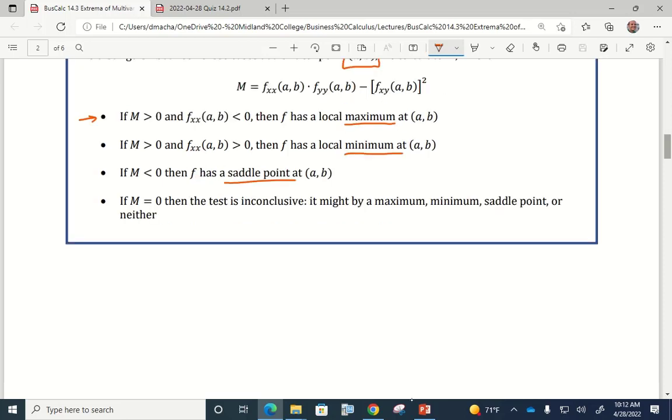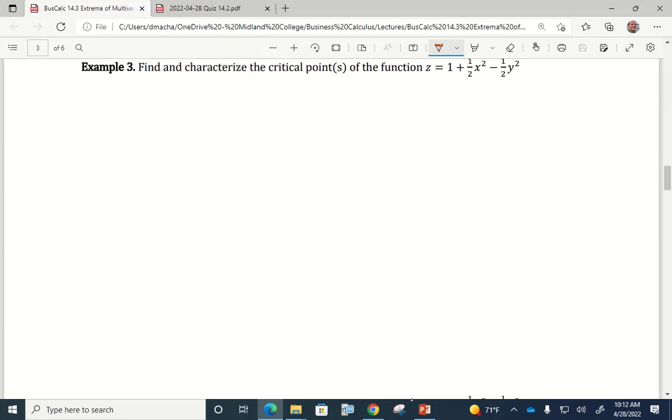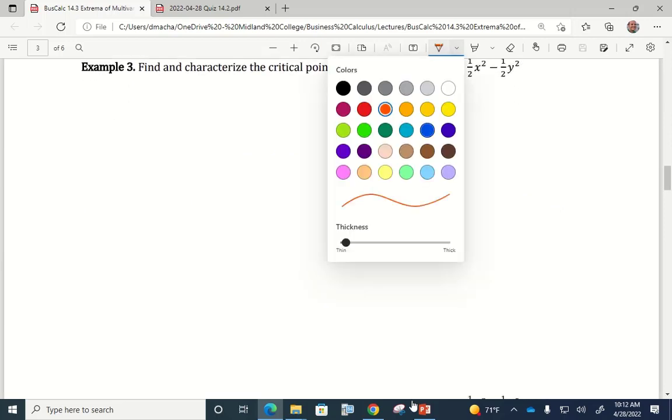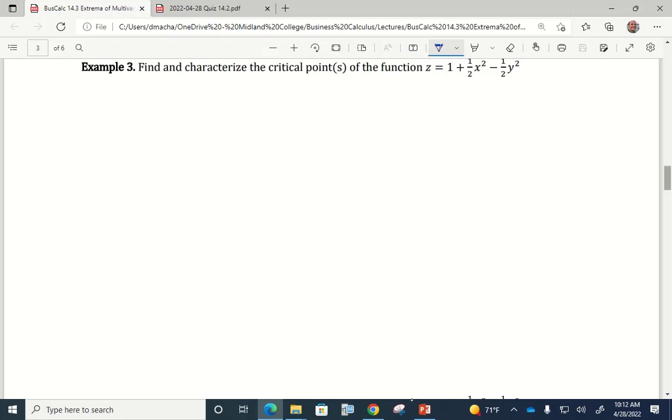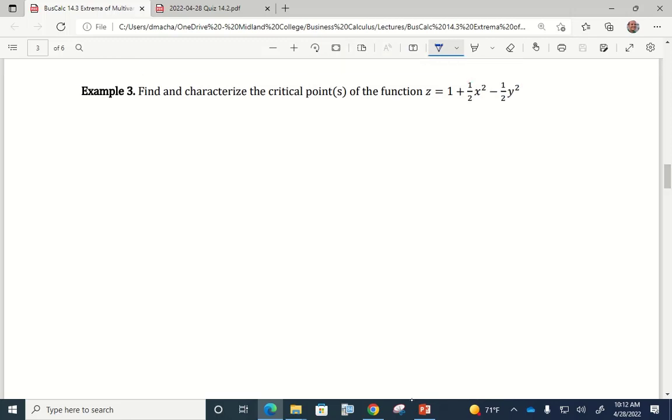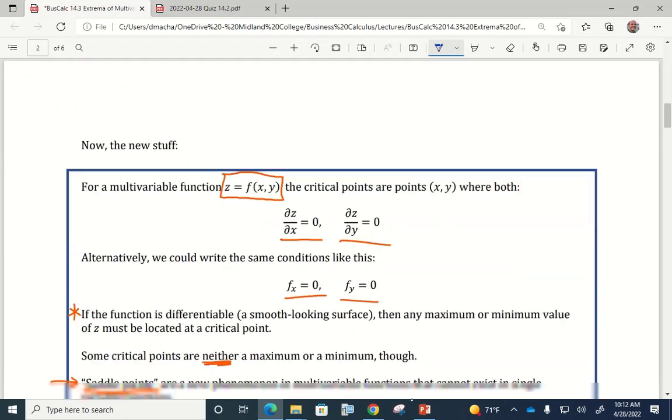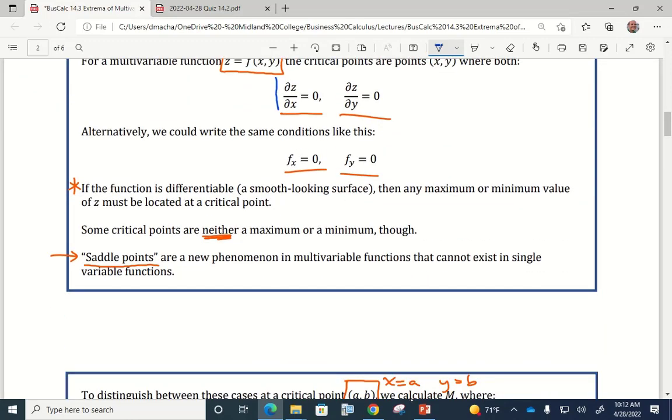All right, so let's do some examples. Like example 3. It says we want to find and characterize the critical points of the function. And in this process, whenever you're asked to find and characterize, finding the critical points means I'm going to have to calculate the 2 first derivatives.